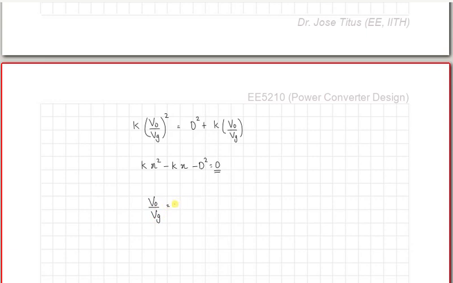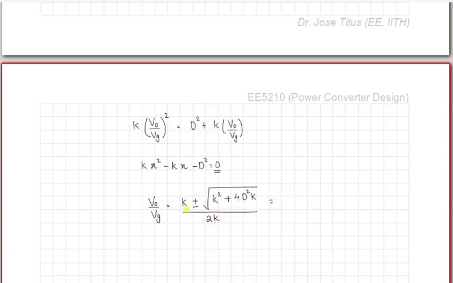would then be equal to minus b, which is K, plus minus square root of b square, which is K square, minus 4ac, which is 4D square times K, divided by 2K.